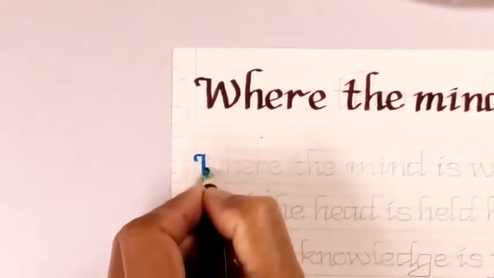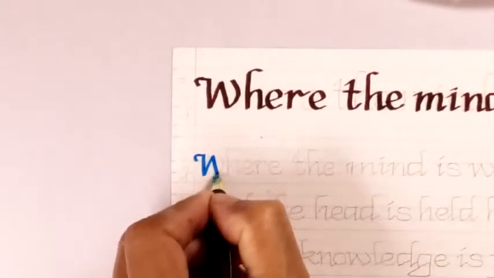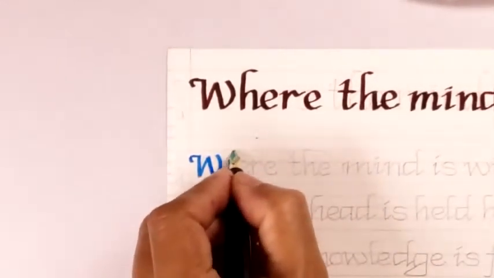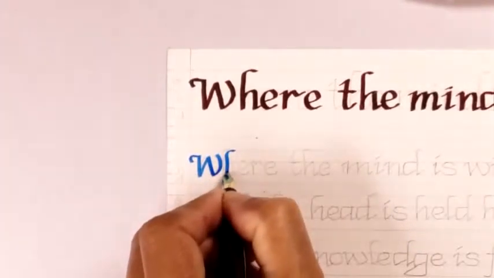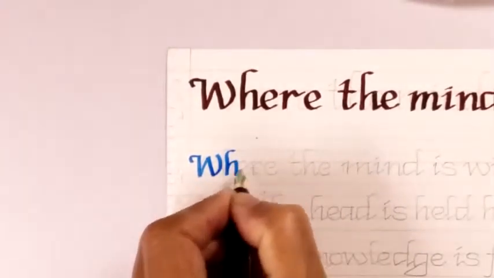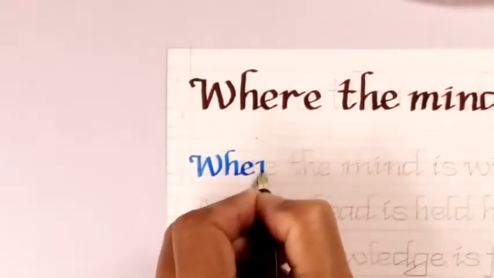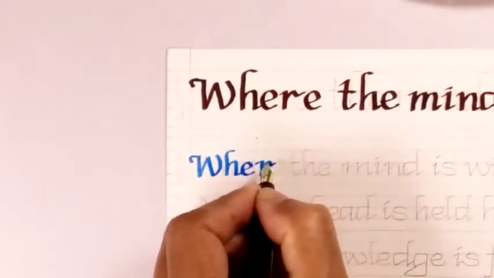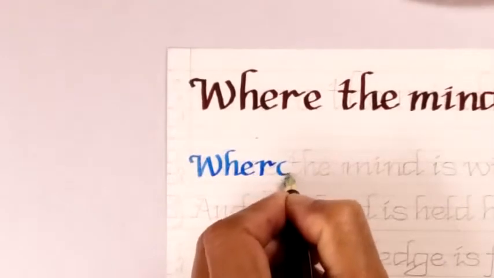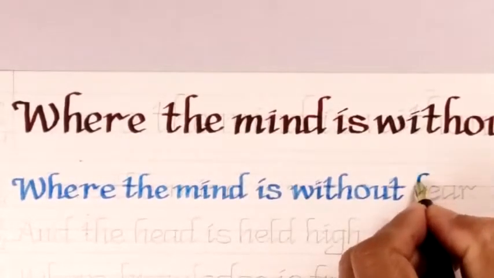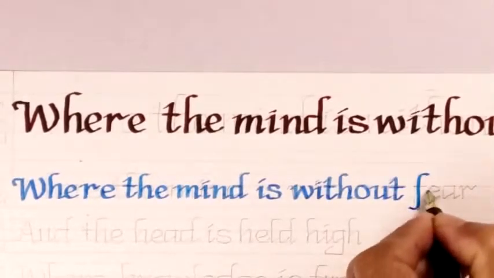Now I have changed the nib to 5mm because 3.5mm will be a very small nib to write with, because it does not give much variation in the thick and thin lines. So a 5mm nib.